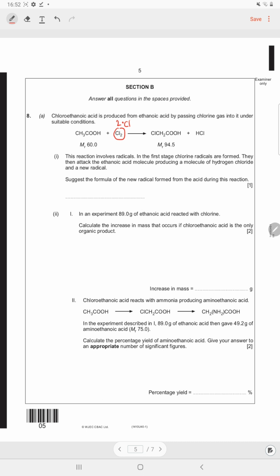You have two of those, and they are what's going to attack this molecule here. Now the radical that will be produced will look like this: CH2COOH. There you go. It's going to take one of these hydrogens off there.